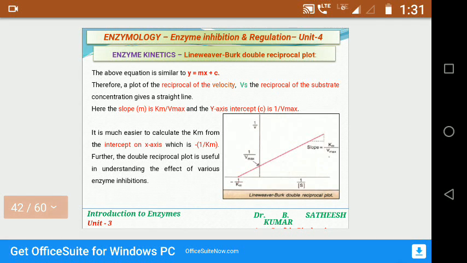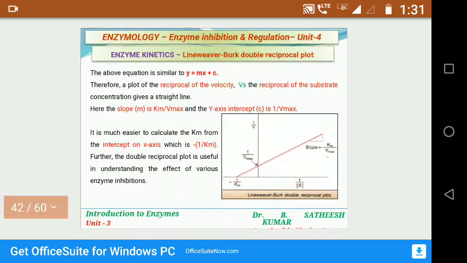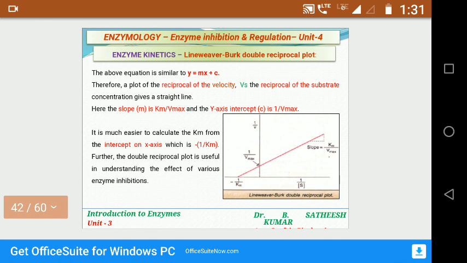So this is known as the Lineweaver-Burk double reciprocal plot. This is also known as the LB plot. So by using the LB plot, we can accurately measure the Km value. Instead of getting a rectangular hyperbola, we will get a straight line.